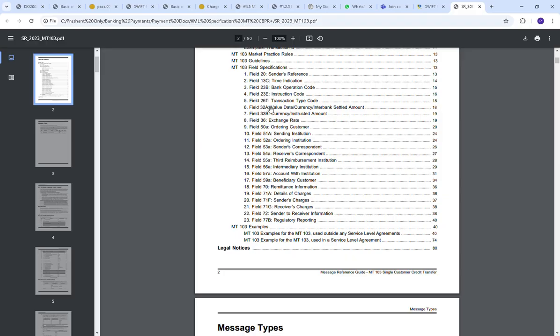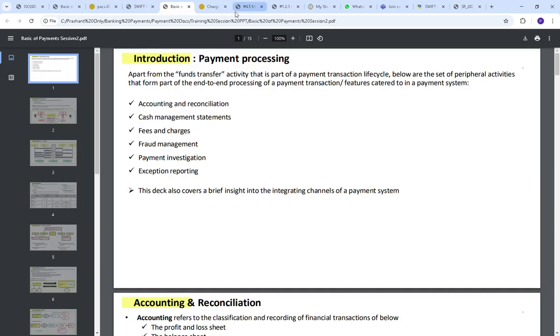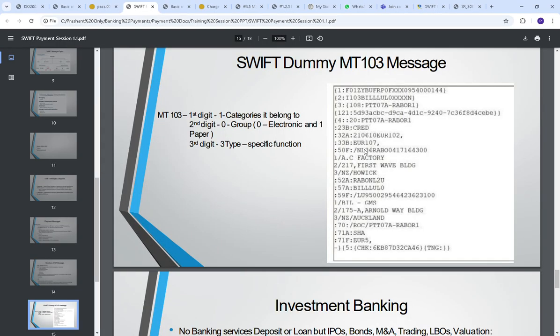After 23B we have 32A. Now I have told so many times about 32A. Who can tell me? I will take a break of 1 minute. Who will tell me 32A and 33B?